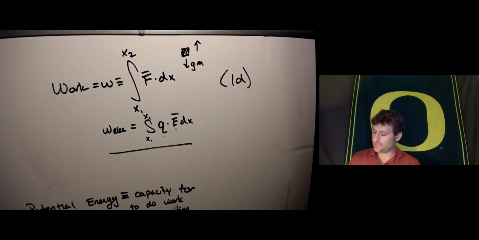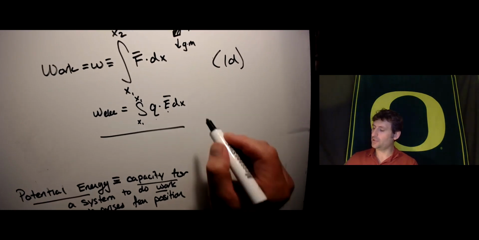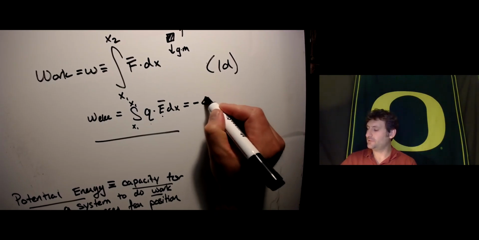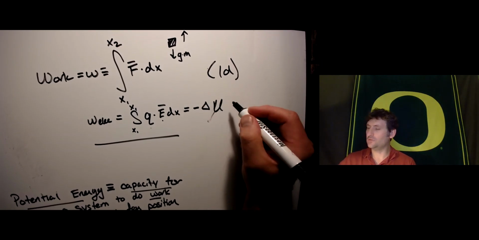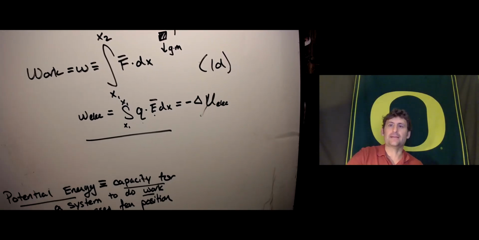And we said that the potential energy is the capacity for a system to do work. So I can define this as negative, let's call this U, delta U, the potential energy from electrostatics.